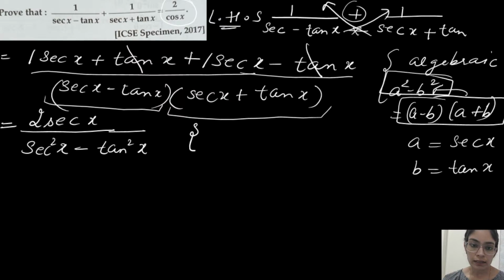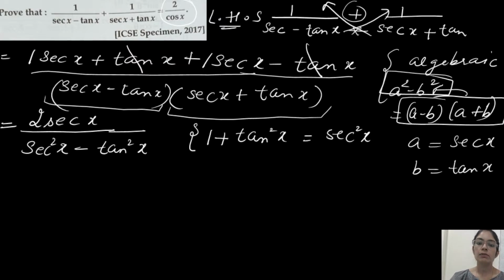Now after this, again we have to see it at each and every step. First of all, we have to keep on checking if we can apply any trigonometric relation. Yes, secant square x minus tan square x is equal to 1. We have learned the square relation, 1 plus tan square theta is equal to secant square theta.